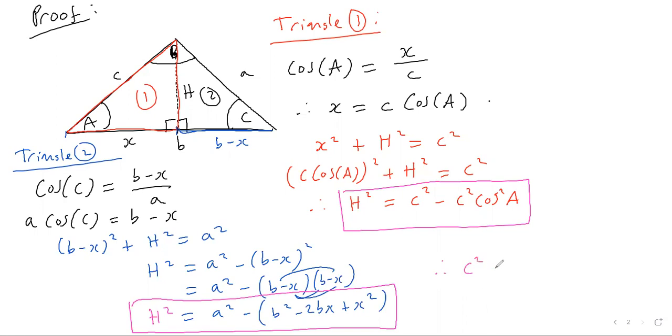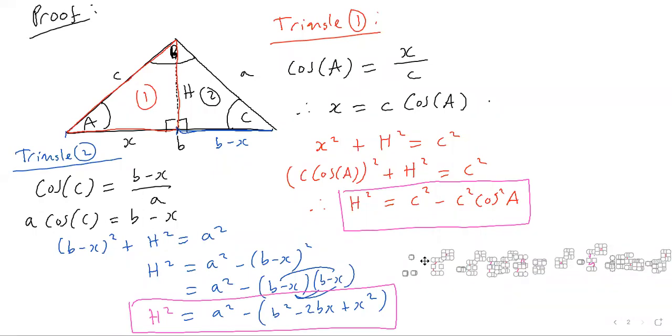Therefore, c squared minus c squared cos squared a must be equal to a squared, minus b squared, plus 2bx, because actually we want to add 2bx, and then subtract x squared, because again we got this in the brackets. So we've now got that result there.